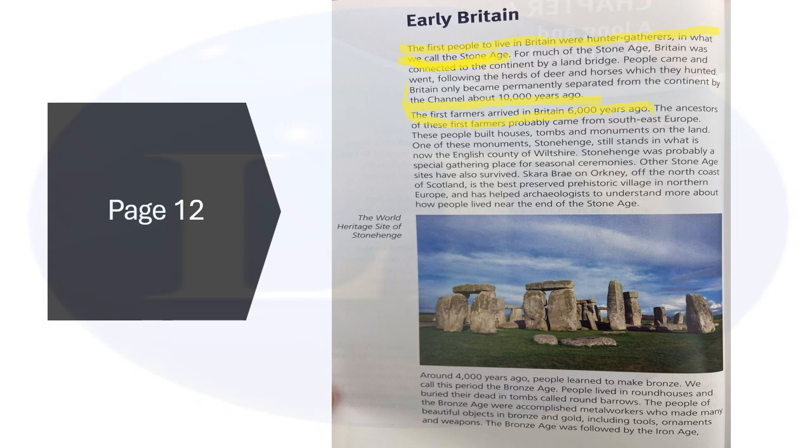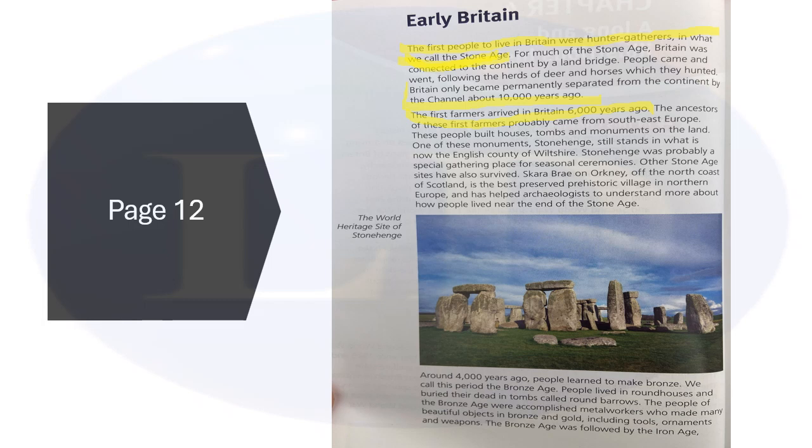That's a very important question. You would be asked who came 6,000 years ago, or when did the first farmers come to Britain? There is one sentence, but questions could be asked in different ways. If you understand the material here, you can answer every question.